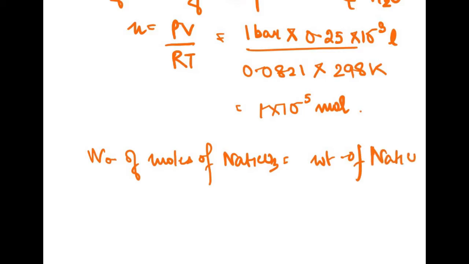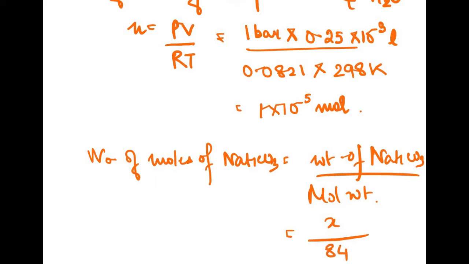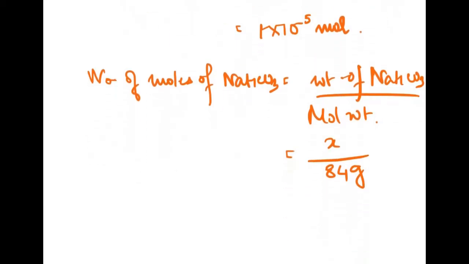We have done it in class 11. Given weight by molecular weight. Now, given weight would be X and molecular weight is already mentioned, 84. I think 84 gram was given, right? So this is mentioned.